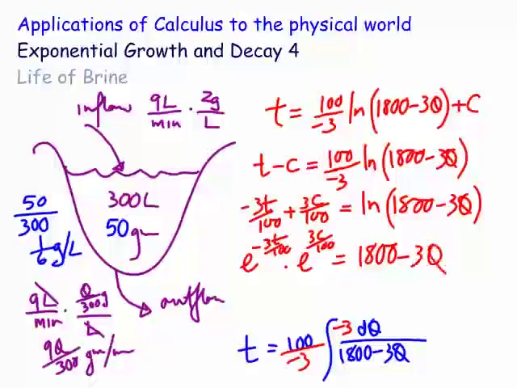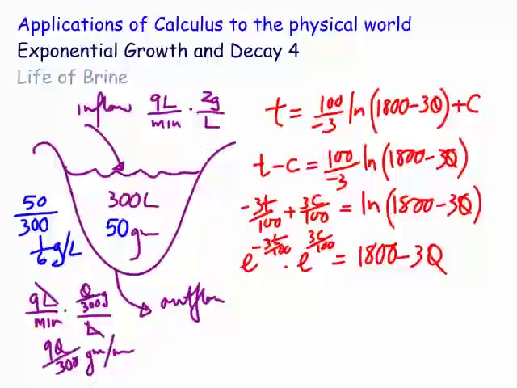Now, when t is equal to 0, this is where the difference really comes in, because now there is actually 50 grams present; before there was actually 0. So if t is equal to 0, q is 50, and as you can imagine, 3q is 150.